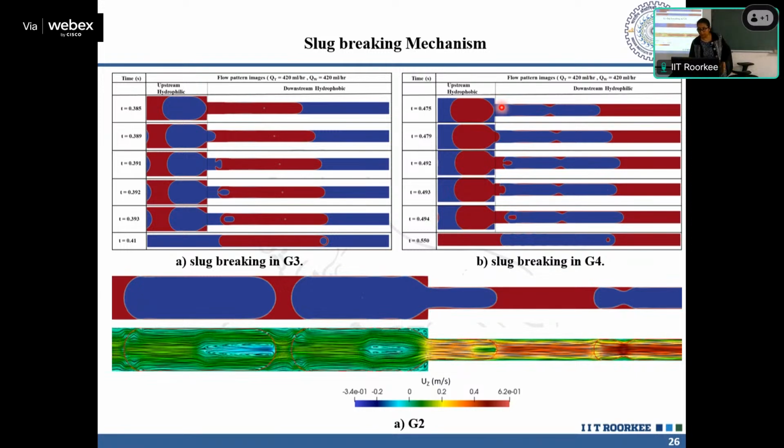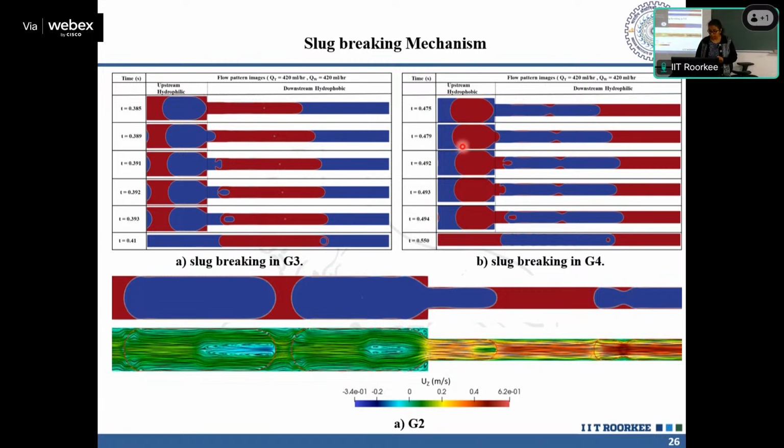We have done the simulation for G3 also, that is hydrophobic. But in this case, the viscous medium is forming the slug, and these disturbance waves are not observed. The dispersed medium is able to resist such changes.